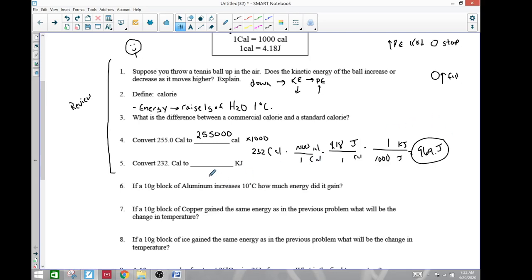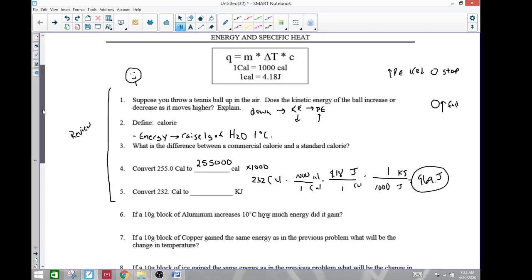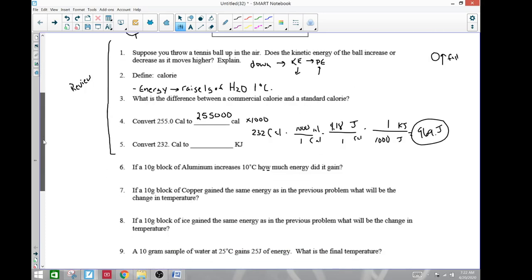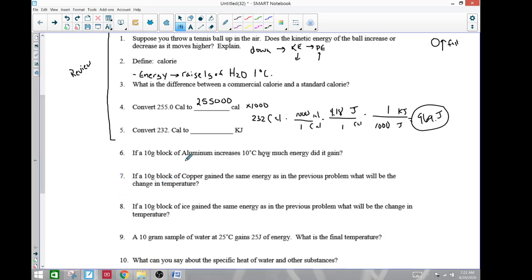All right, a 10 gram block of aluminum increases 10 degrees Celsius. How much energy does it gain? To solve this problem, you need to figure out the specific heat of aluminum. This is going to be in your workbook, or there's a chart for it, but it is 0.9 joules per gram per degree Celsius.